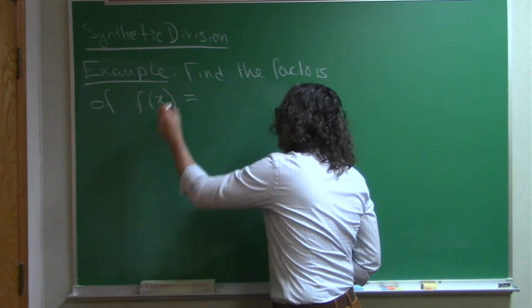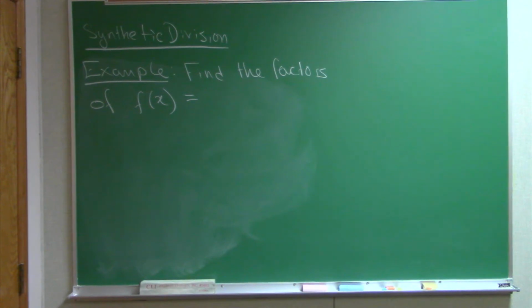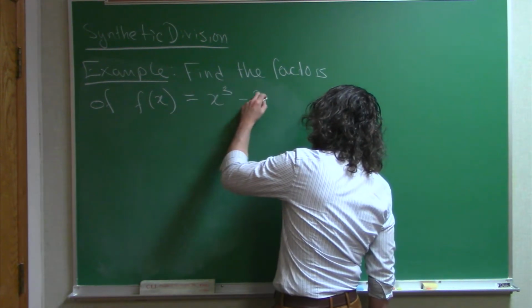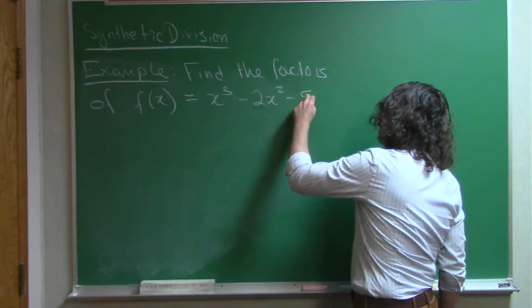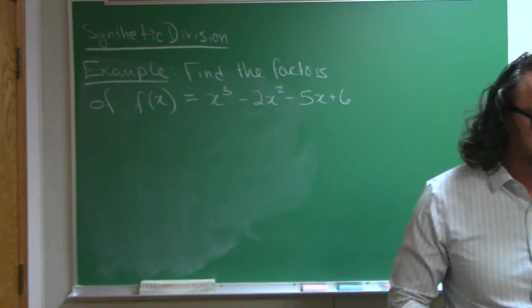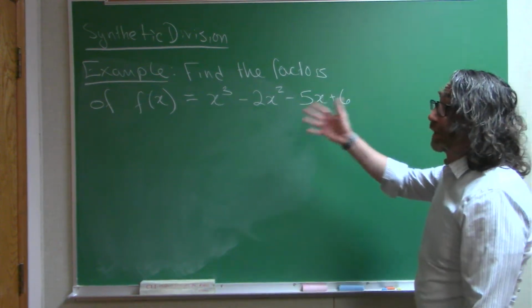Okay, so find the factors of, and I'm going to steal an example from a textbook that I've got sitting here, x cubed minus 2x squared minus 5x plus 6. Okay, so we are tasked with finding the factors and finding the zeros.